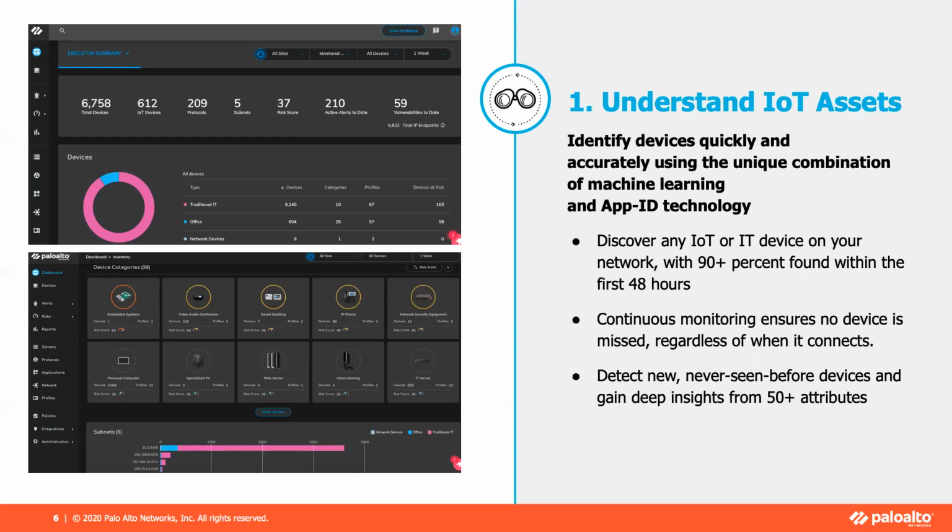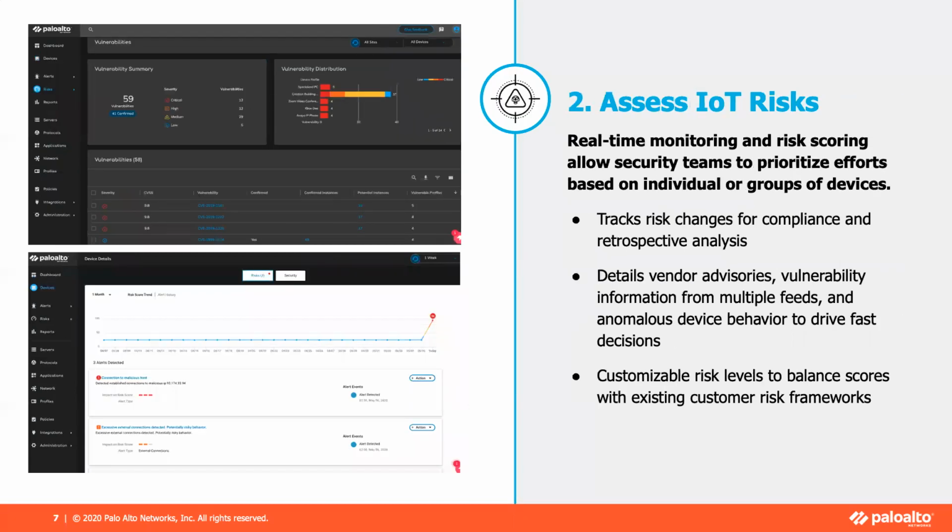And we detect new or never seen devices based on about 50 different attributes. The idea is we want to be able to classify these devices, determine what they are and who the manufacturer is, what is normal behavior, what is abnormal behavior.